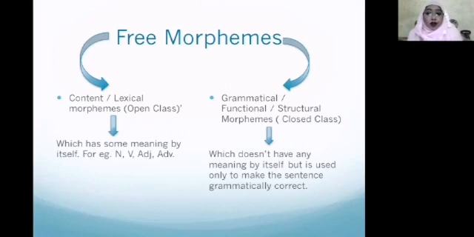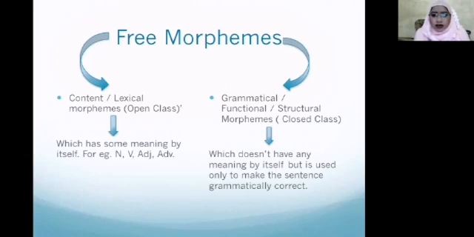Now come to closed class, whether it is articles, a and the, whether it is auxiliaries, is, am, are, was, were, have, has, whatever it is. Whether it is determiners like this, that, those, whether it is pronouns.